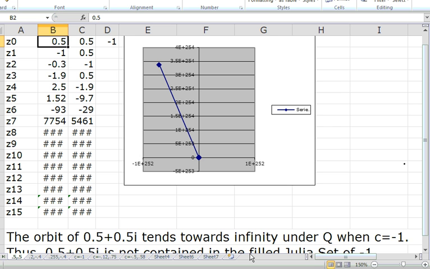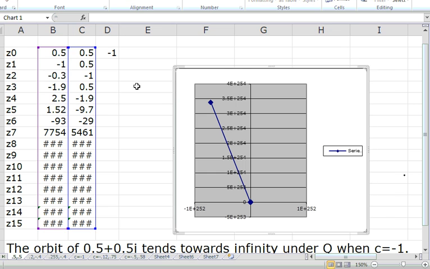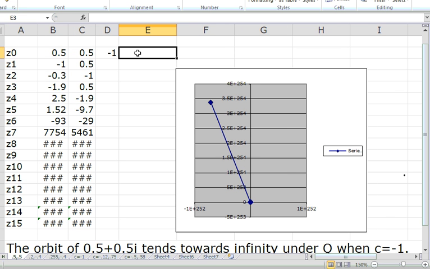So here we go. Let me switch up. Here is my diagnosis of the function z squared plus c. That's my dynamical function. Here is my z value. There are infinitely many z values you could choose.